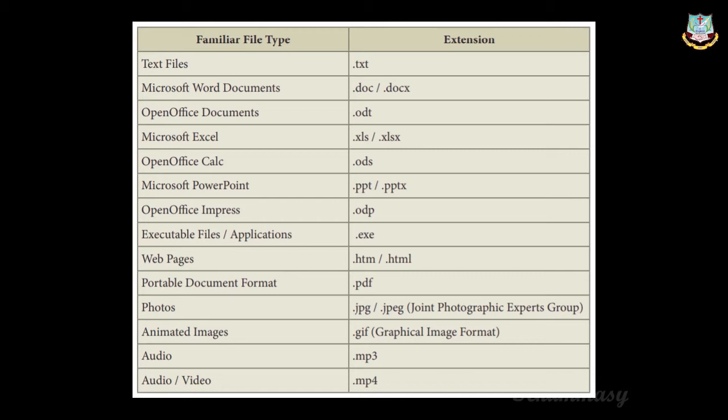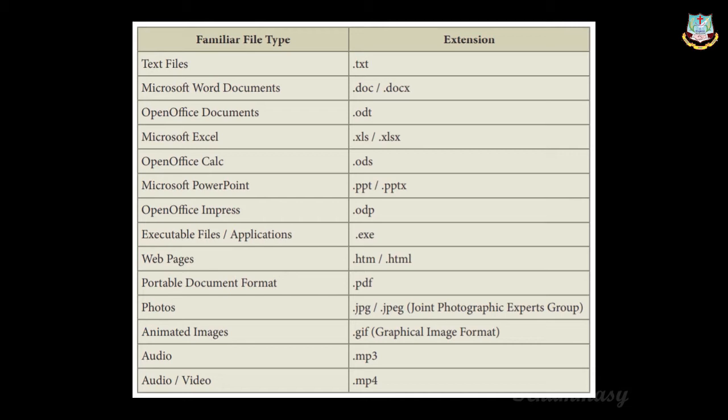And for applications, it will be saved as .exe. Why is it .exe? It is an executable file, right? So they have given the extension as .exe, okay? And for web pages, we all know how you will design a web page. We have seen it last year itself in HTML, right? So web pages will have the extension .htm or .html, okay? For PDF files, we all know .pdf.